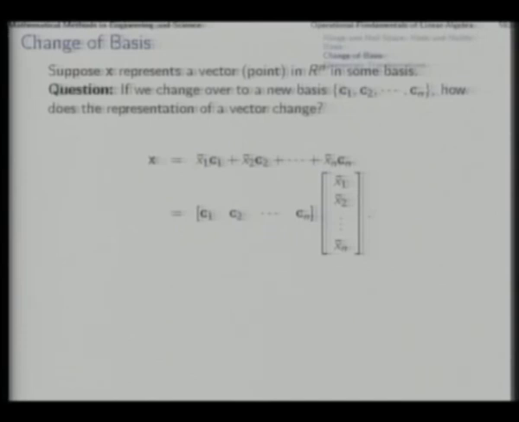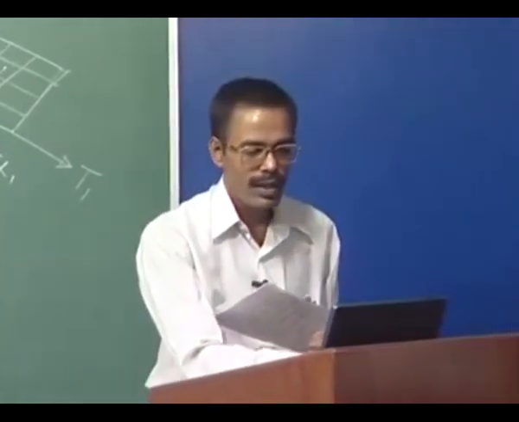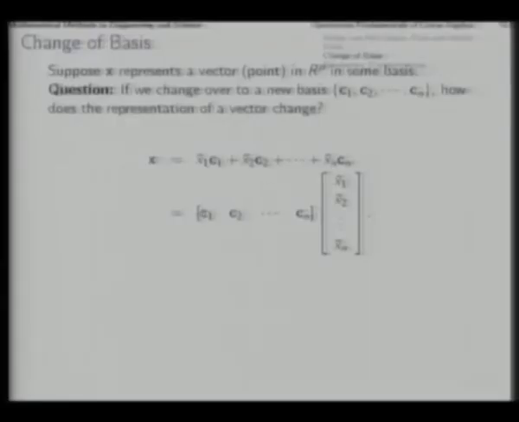We say that if with x1 bar, x2 bar, x3 bar movements along C1, C2, C3 basis members, we can achieve the complete vector x, then we will be representing x as a linear combination of these individual components along C1, C2, C3, etc. This entire sum can be shown in this manner. Note that matrix vector multiplication will give us x1 bar C1 plus x2 bar C2 and so on, right.